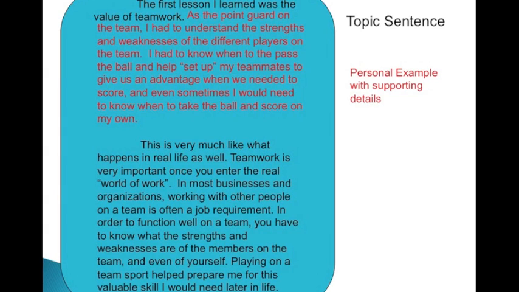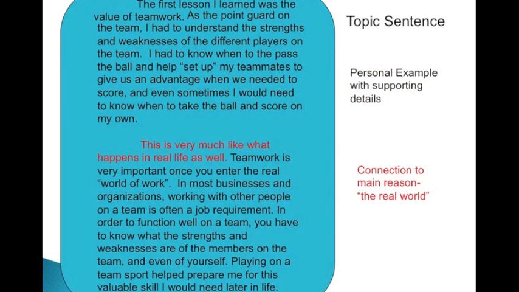The next one involved our personal example with some supporting details. So this one focused on playing point guard on a basketball team and demonstrating how we had to know the strengths and weaknesses of our teammates in order to help set up our teammates on the court, and then of course sometimes know when we would have to take advantage of the situation.